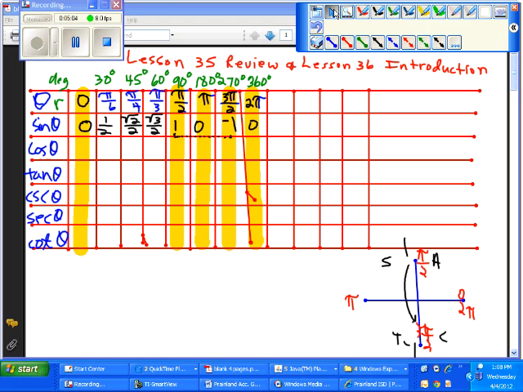And so what we did is we chose 5 numbers which created 4 gaps. And the numbers we memorized or used were those quadrantal angles. So to be able to graph those functions, we needed to really know that.